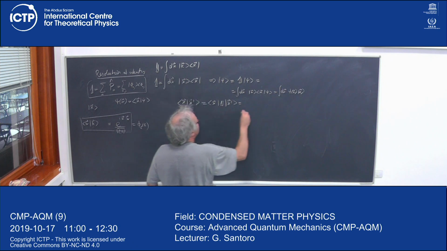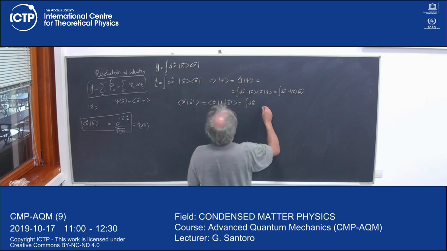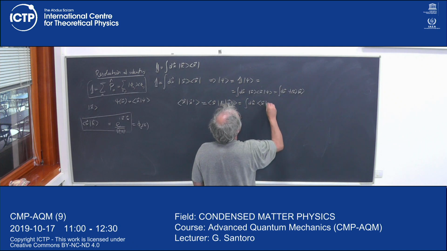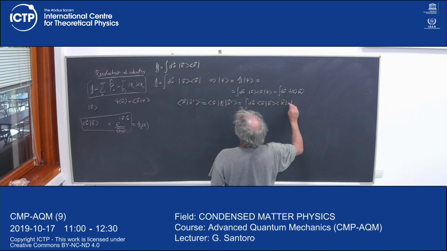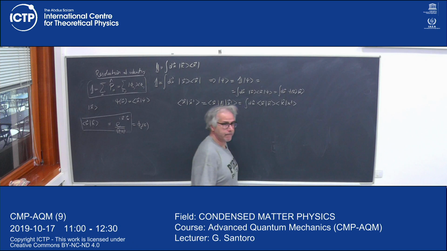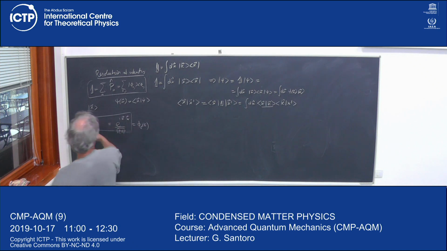Which means integral over d^3k of x|k, k|x prime. Is it clear? Okay, good. I know what this is. This is written here.